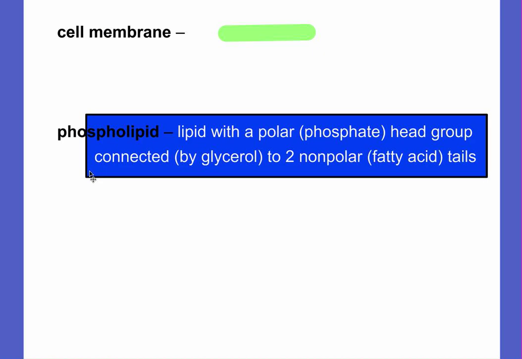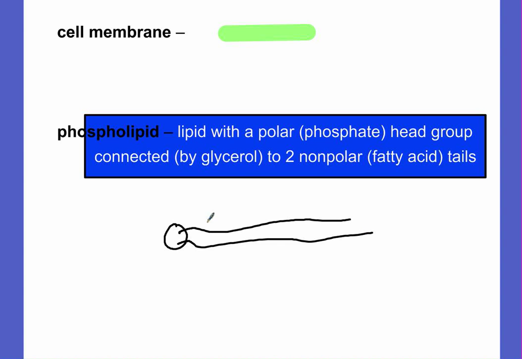You have these phospholipids specifically, and we talked about these in the lipid section of last chapter. So we have this polar head group, that's this phosphate and glycerol, and then we have these two non-polar fatty acid tails that are connected to that head group. So I've got 2 fatty acid tails.